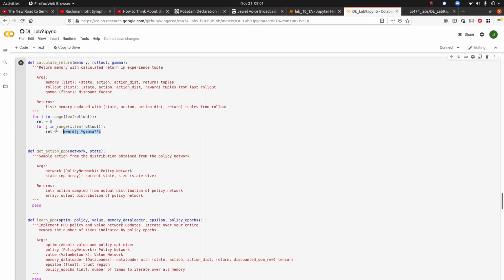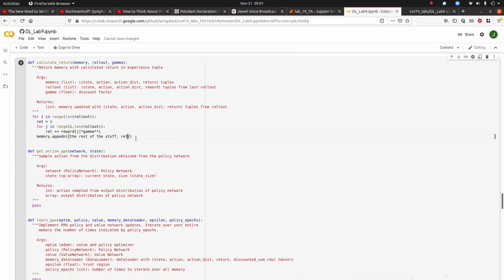So that would be how you calculate the return, and then you take all the other stuff, you do memory dot append, tuple of the rest of the stuff along with the return.